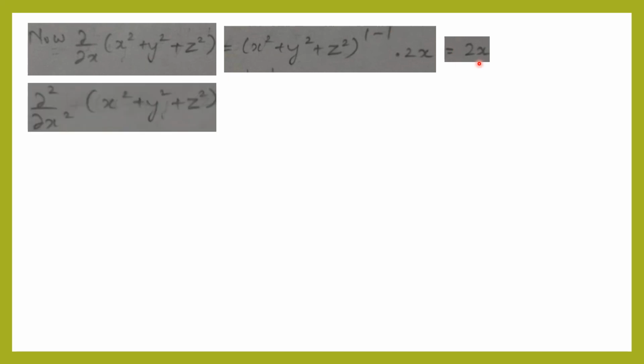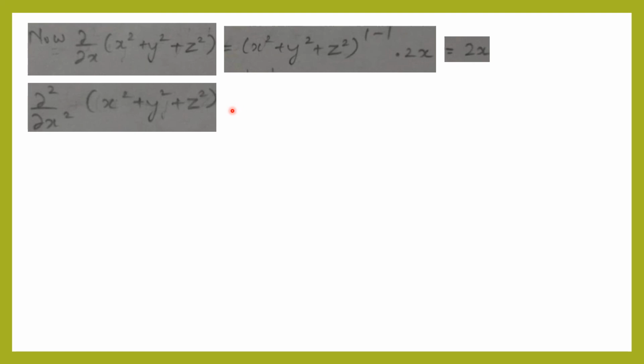So 1 into x square plus y square plus z square raised to 1 minus 1. Also we will have to differentiate x square, so that is into 2x. So this 1 minus 1 is 0, this bracket is raised to 0, that is 1. So you get the final answer as 2x.